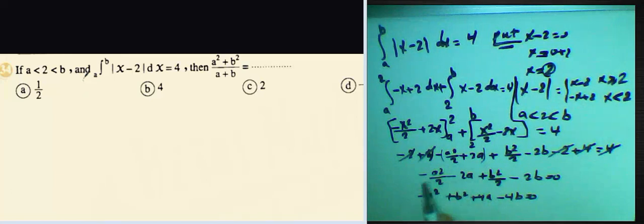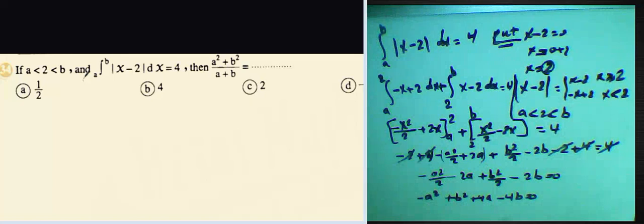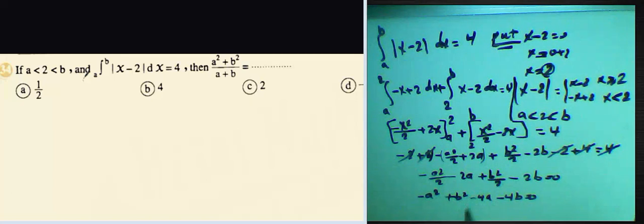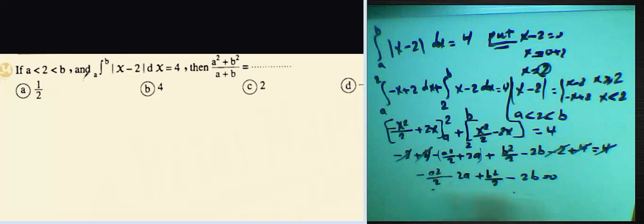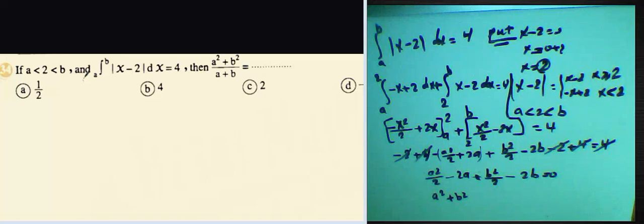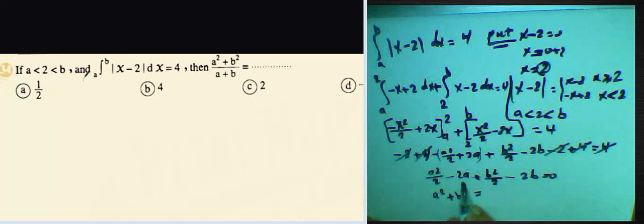Negative times this expression, to change the sign, it will be a power 2 plus b power 2 here, equal to, times 2 by all terms, 4a, moving it to the left-hand side, plus 4b.